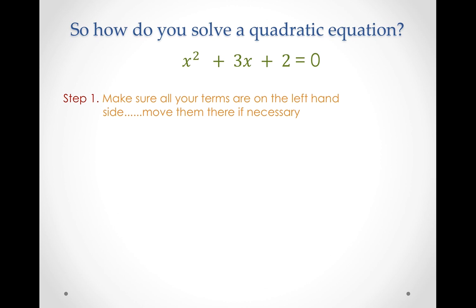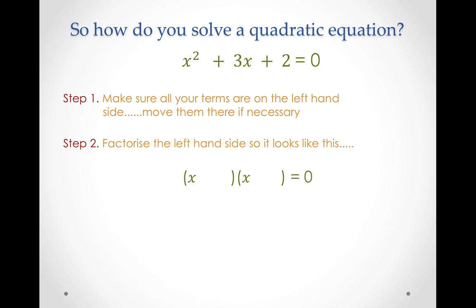If they're not, move them there. Step 2. Factorize the left-hand side so it looks exactly like this. You will open up what are called binomials. Two sets of brackets that are being times together to equal 0.